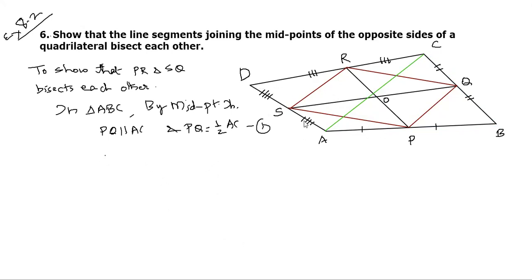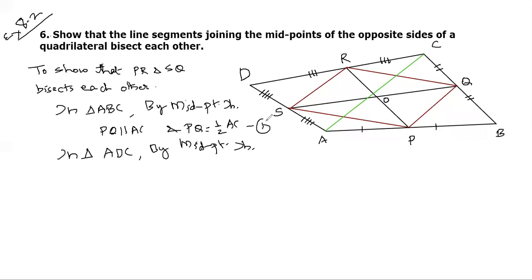Second, now we will take AD in triangle ADC. Now in triangle ADC, again the same thing will be applied by the midpoint theorem. S and R are the midpoints of this triangle.